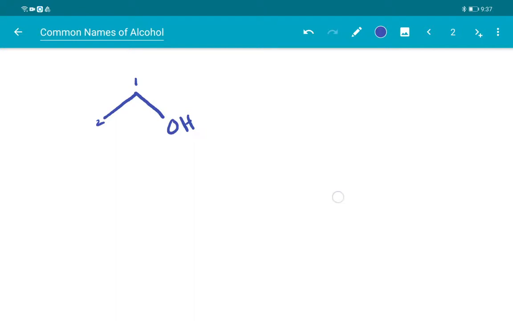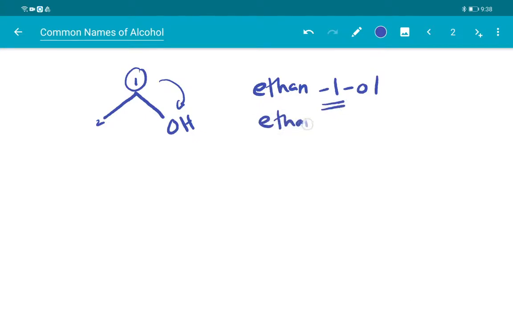If we are using the IUPAC system, the name will be called as ethan-1-ol. Since the first carbon is attached to the functional group, we can ignore the number 1, so we can also name it as ethanol. For this naming, we replace the A and E from the alkene into ol, so it becomes ethanol.